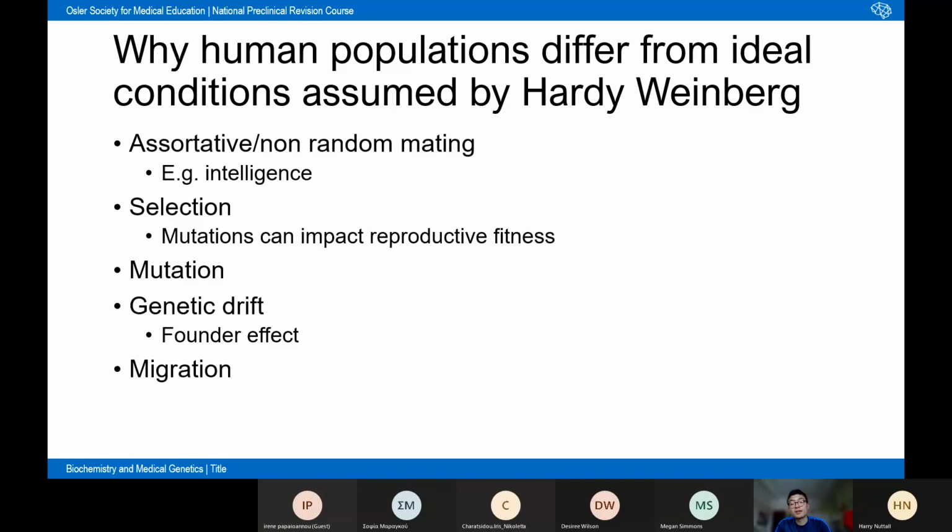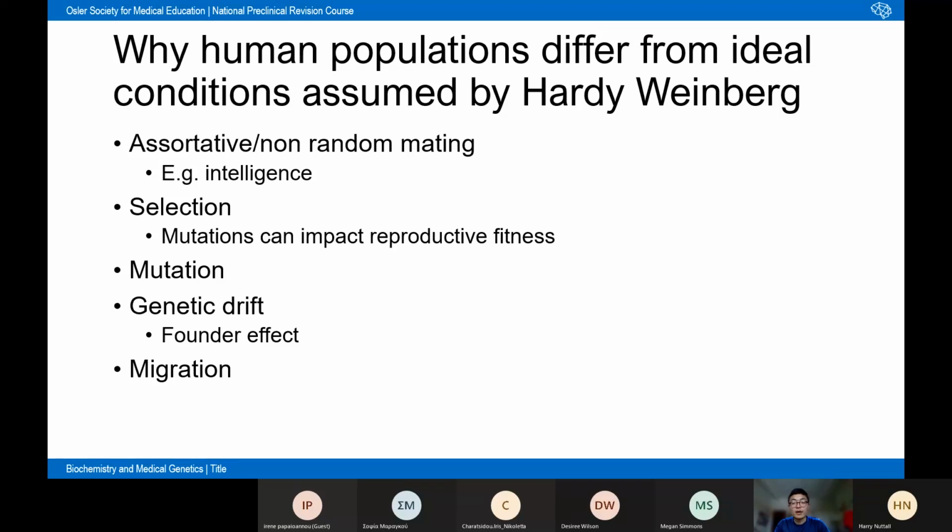An example of this is that there tends to be a correlation between partners finding a partner of similar intelligence, and so this is an example of non-random mating. And similarly, for rare recessive traits, heterozygous individuals are more likely to mate than expected by chance. So you can see that the idea of random mating does not always occur as is specified by the Hardy-Weinberg equation.